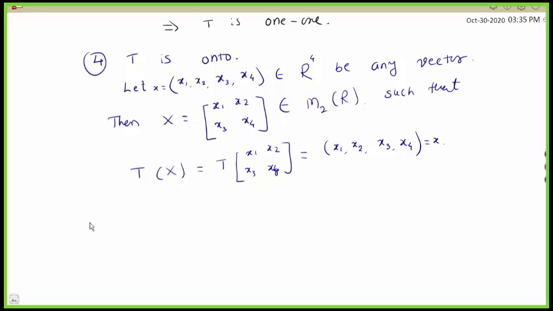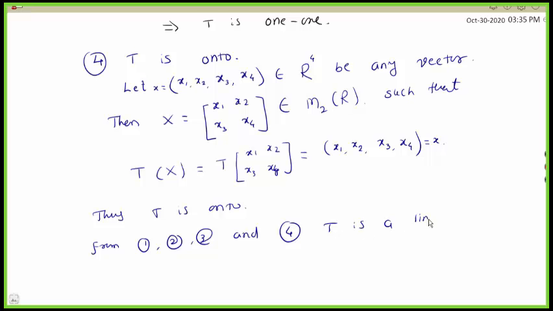Thus T is onto. From 1, 2, 3 and 4, T is a linear isomorphism.